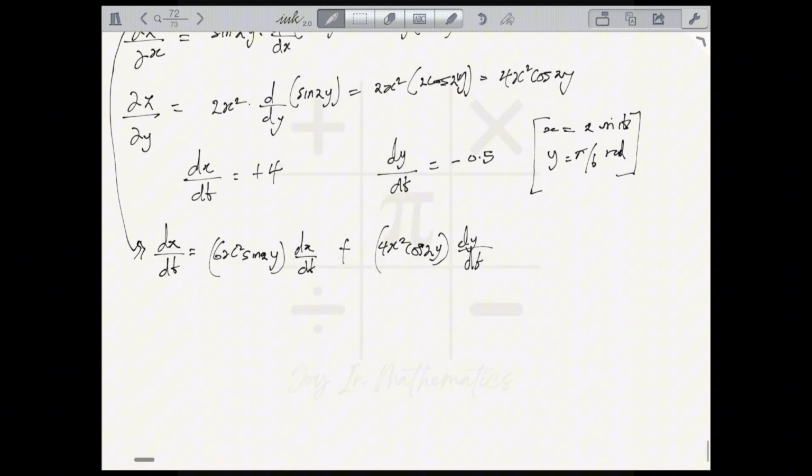Now when x is equal to 2 and y is equal to pi over 6, we can now substitute our values.